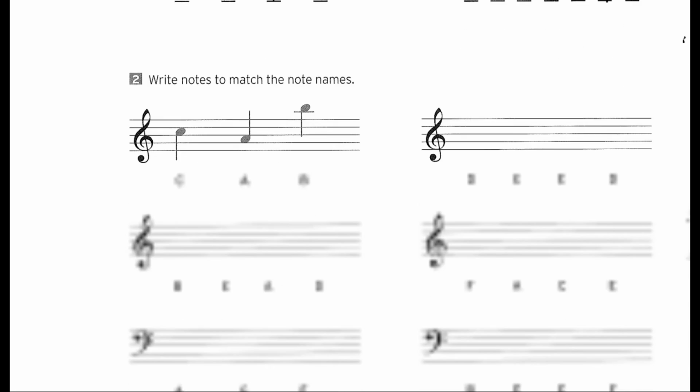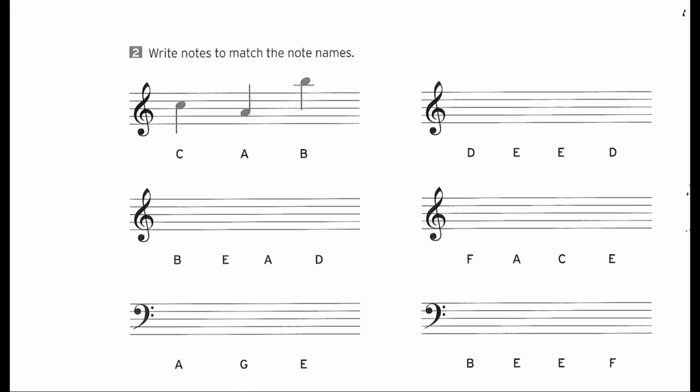Go ahead. We have to put down the notes now. D, we can make D here. E, first line. Fourth space, let's do fourth line. B, you can put here. E, let's take fourth space. A, let's do second space.